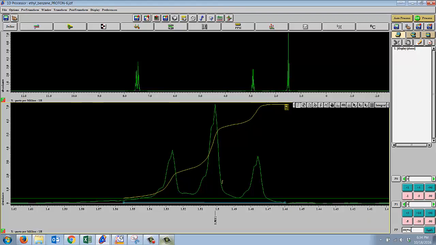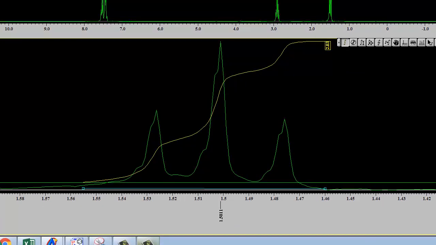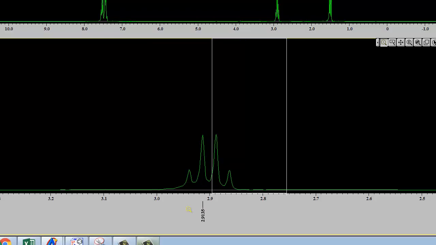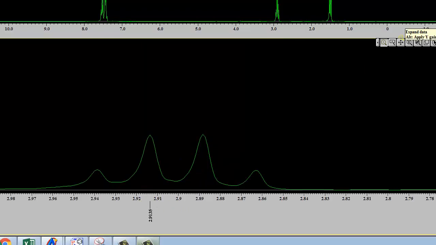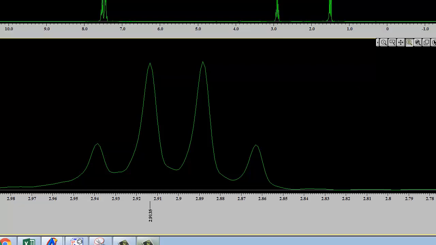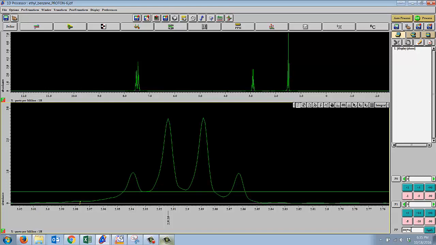So the software has no idea what your molecule is. It has no idea what you're looking at. And so when you're doing the integrations, you're just looking at a ratio. So for instance, if you're given a textbook problem, to figure out that ratio, you would divide everything by the lowest number and then look at the ratio between the protons. However, the software is pretty helpful at actually doing some of that for you.